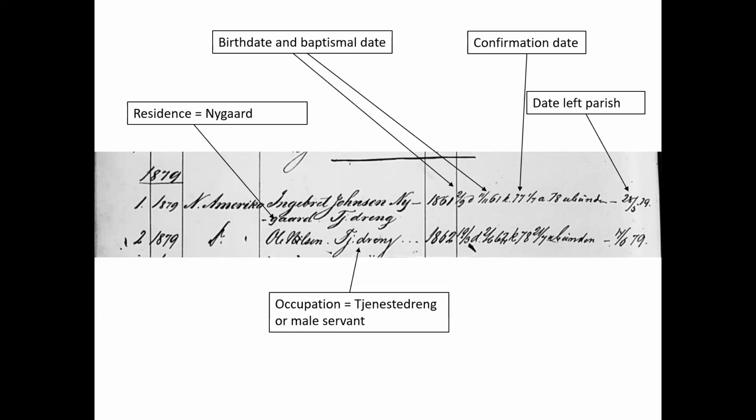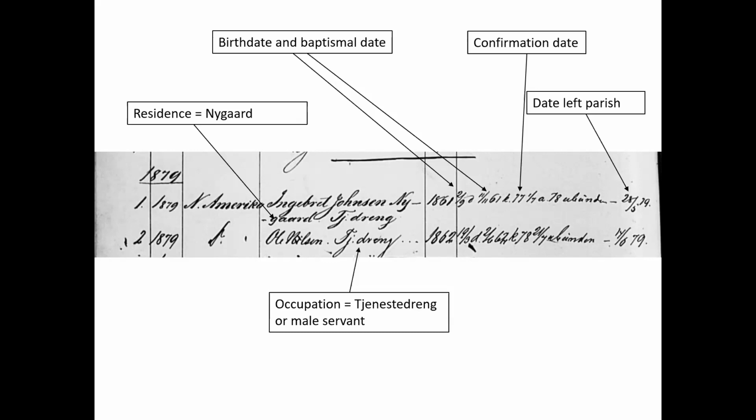And if we move a little bit over, there's a small d in front of the next numbers here. So D is for dupta. It's an abbreviation for baptism. He's baptized on 11 November 1861. The K is for confirmation. He's confirmed in 1877 on the 1st of July. And then that final, all the way over to the right here, is the day he's leaving the parish.